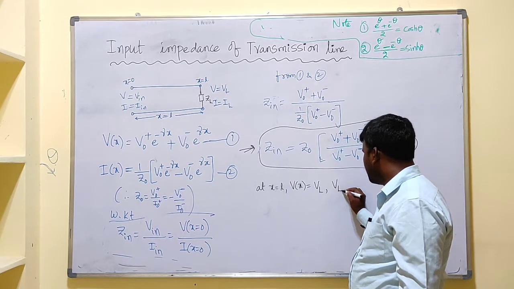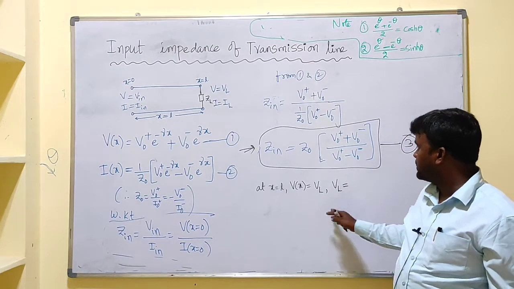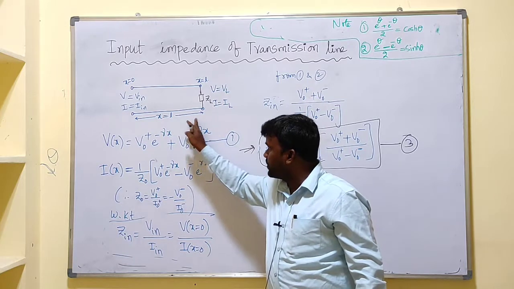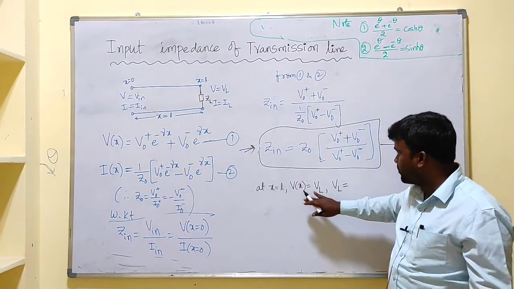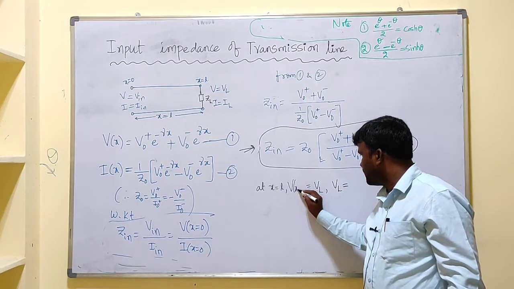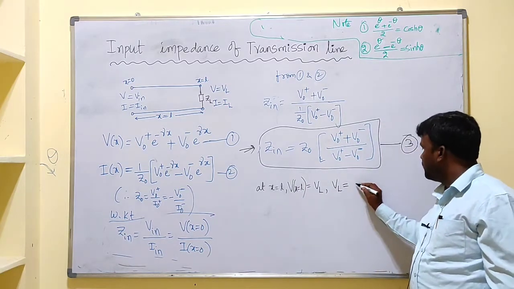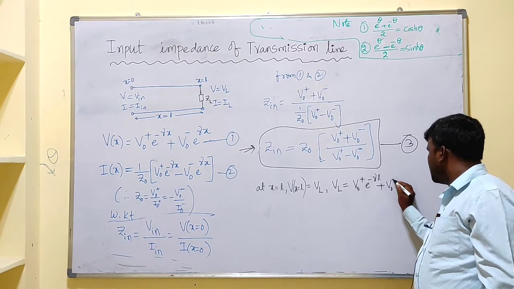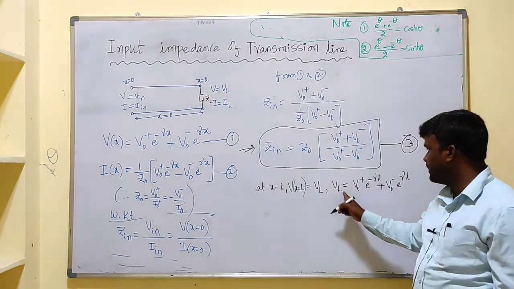Load voltage is nothing but at x equal to L, we will get the load voltage. We need to substitute x equal to L in the expression of V of x. V of x at x equal to L is VL. Therefore, VL equal to V naught plus e to the power minus gamma L plus V naught minus e to the power gamma L. Simply we need to replace x with L, then we will get the load voltage.